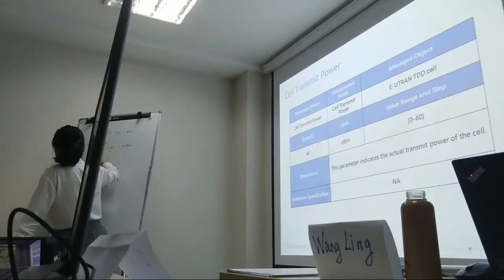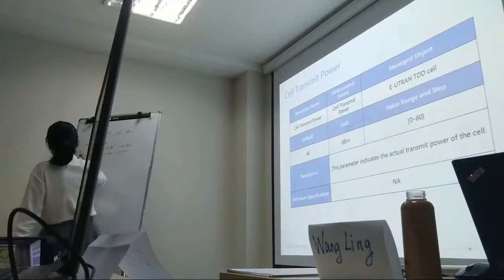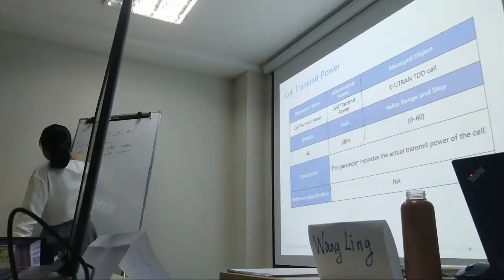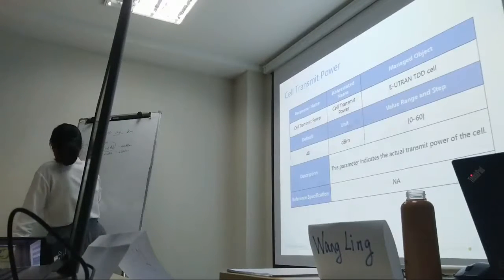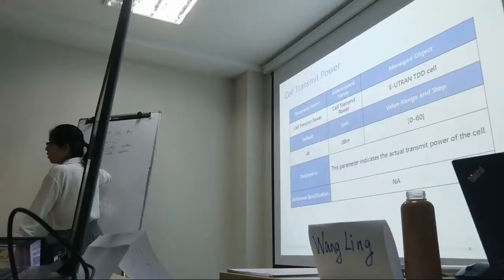For 40 watts, it doubles again, adding 3 dB, so it's 46. You just need to remember double is 3 dB. 10 watts is 40 dBm. If we use 5 watts, you will know, okay, minus 3 dB. If double, add 3 dB.